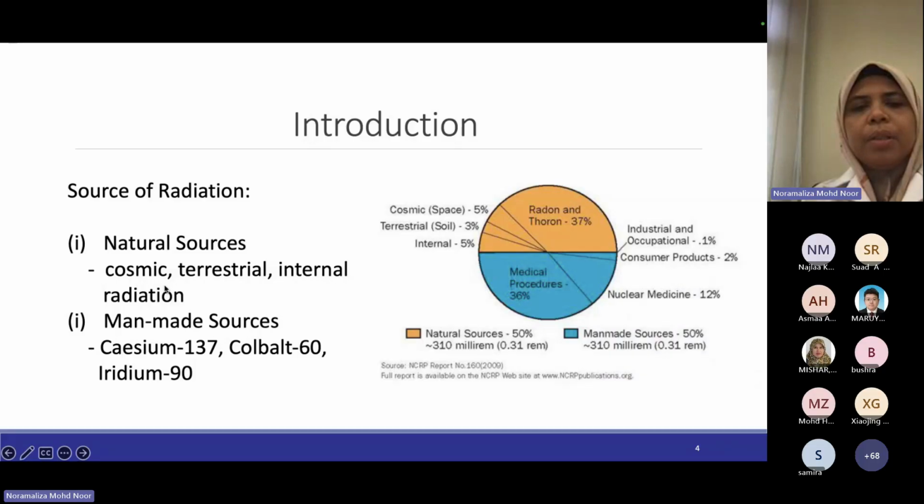The man-made sources include X-rays produced in the X-ray tube, and also cesium-137, cobalt-60, and radium-90, which are artificially produced in the nuclear reactor. If you look at this chart, we can see most of the radiation is used in medical procedures.